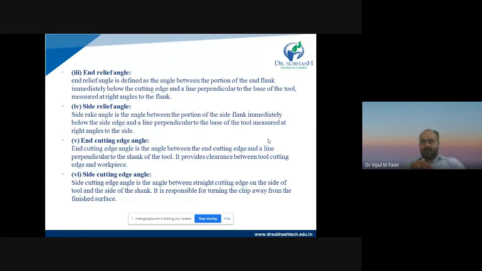How can we move away the chips, or the metal or material we have removed from the workpiece in the form of chips? So the side cutting edge angle is the most responsible for turning the chip away from the finished surface, or the workpiece's final surface, right? So this is a side cutting edge angle.